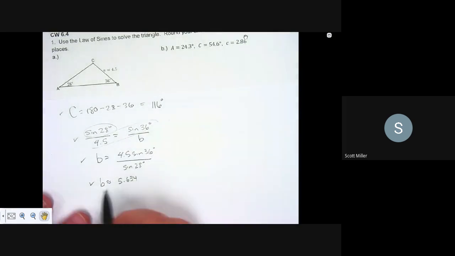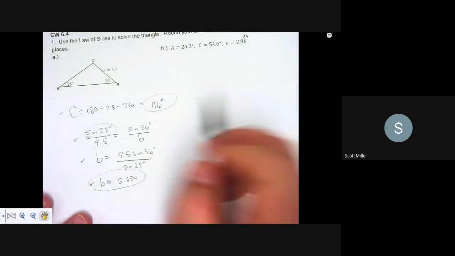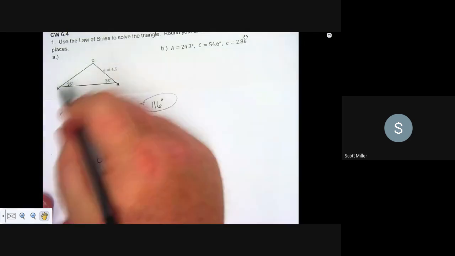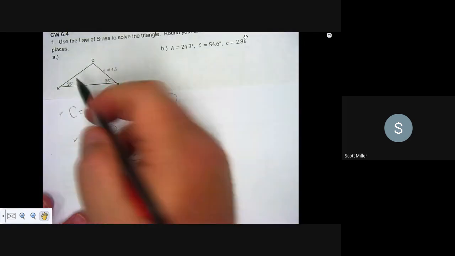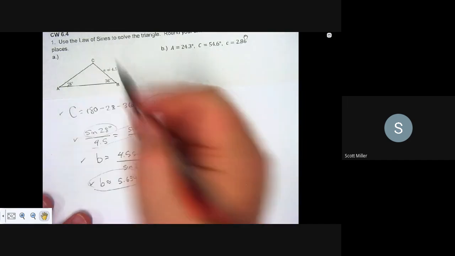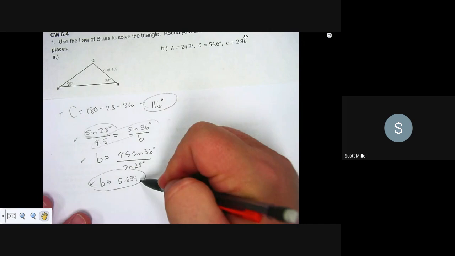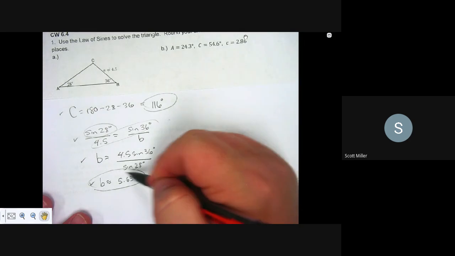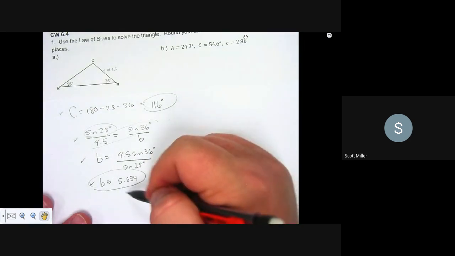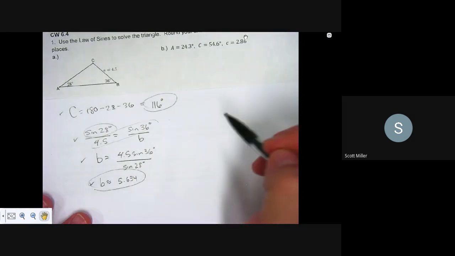Once you have B done, here's C. We want to find side C down here. Always start with the given information. Even though we found side B, don't use it because it's an approximation. You don't use found information if you don't have to. You only use found information, like rounded off information, if you absolutely need to.